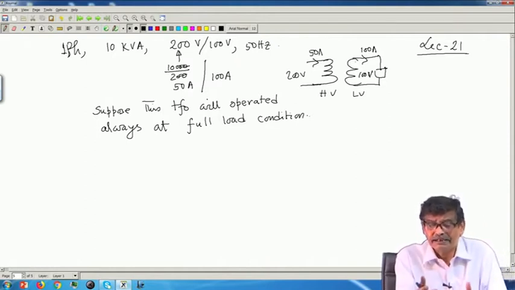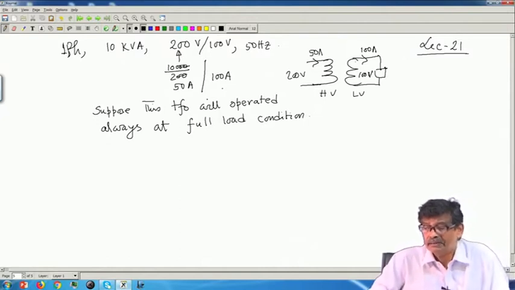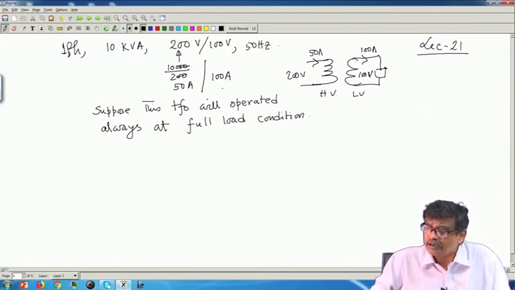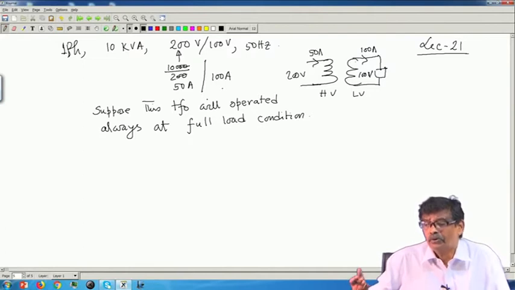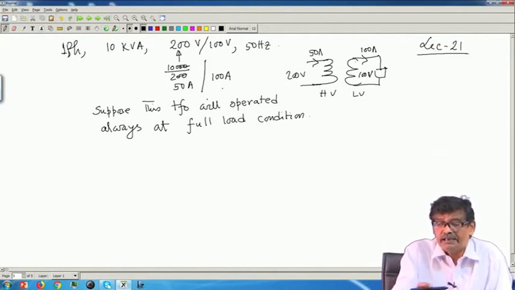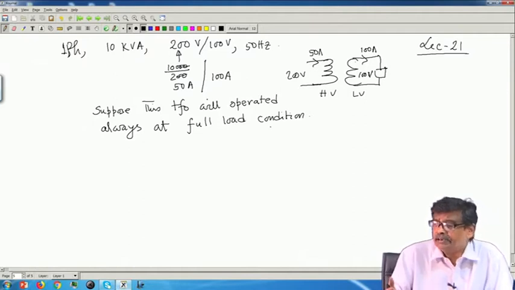You have purchased a 10 kVA transformer whose current ratings are 50 ampere and 100 ampere, so you would like to operate the transformer at full load. Not that you half load it and run it continuously. Then you should have purchased a transformer having a lesser kVA rating, but since you have purchased this one, it looks like you will be using it always at full load condition.